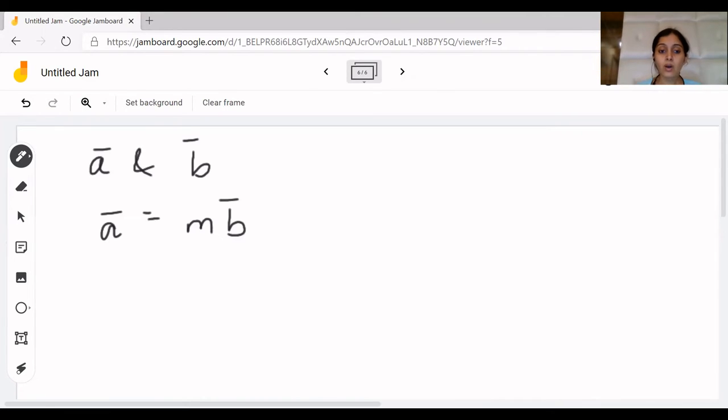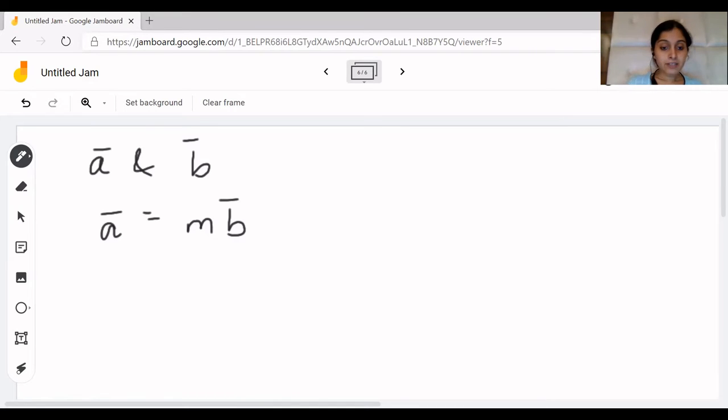Very important, one vector can be expressed as a scalar multiple of the other if they are parallel or collinear vectors. This property we will use in a lot of sums, so we should remember that if two vectors are collinear or parallel, then they can be expressed as scalar multiples of each other. That is, a bar is equal to m b bar.